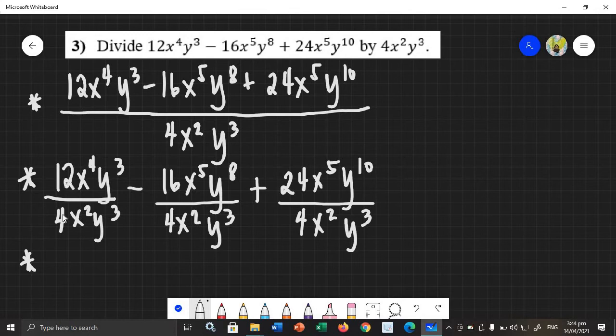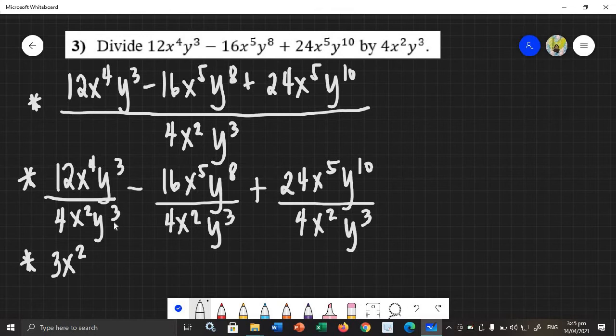So, first, 12 divided by 4 is equal to 3. And then, x to the fourth divided by x to the second power is equal to x to the second power, applying the quotient rule for laws of exponents. And then y to the third divided by y to the third is simply equal to y raised to 0, right?